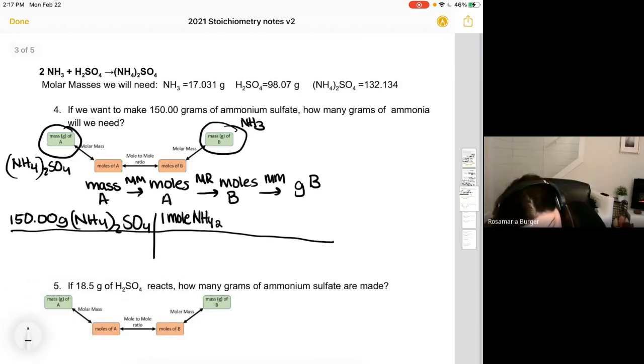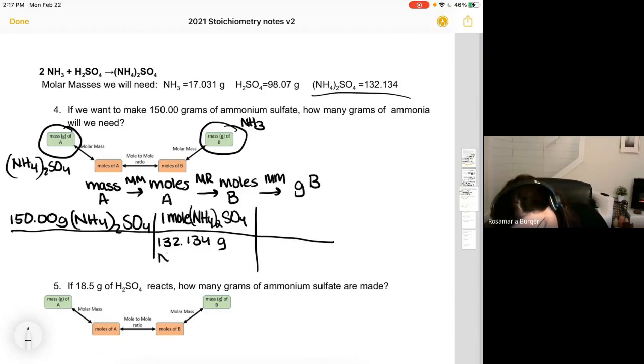Up here is where it tells me it's 132.134 grams of (NH4)2SO4. So now I've gotten myself to here.